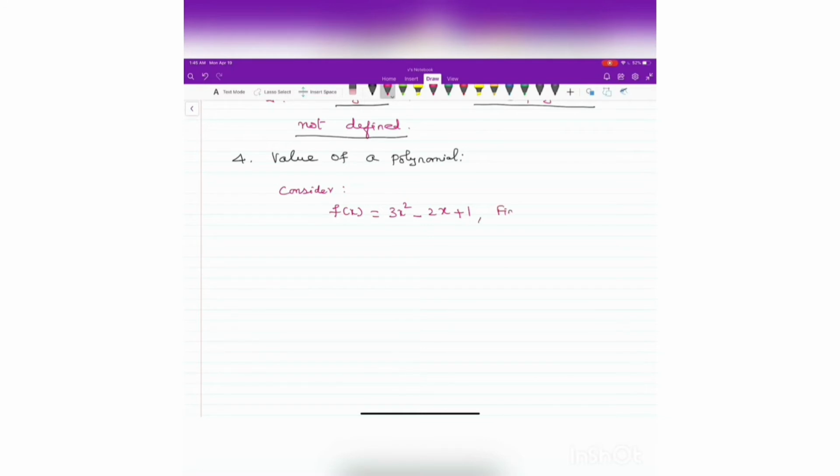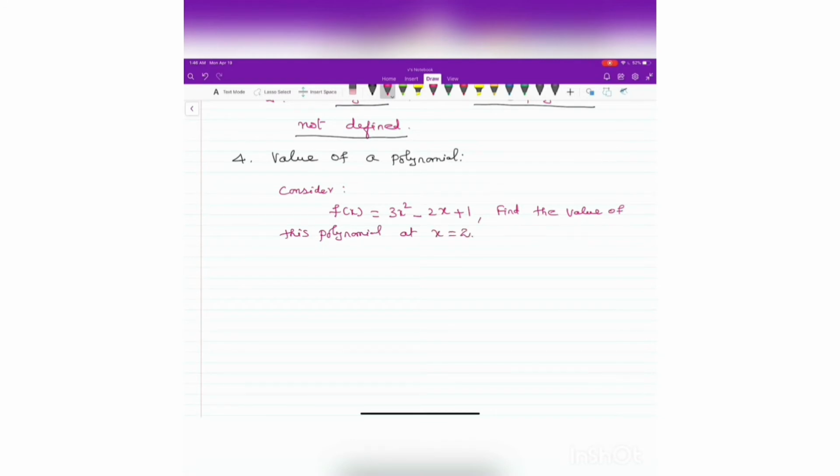Find the value of this polynomial at x is equal to 2. So what should you do?